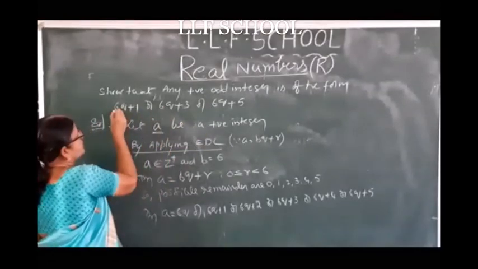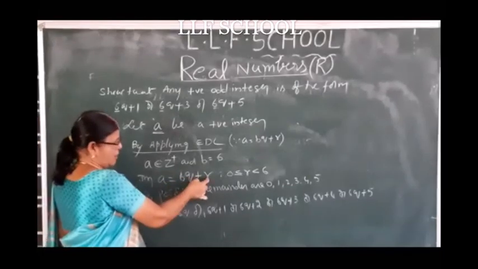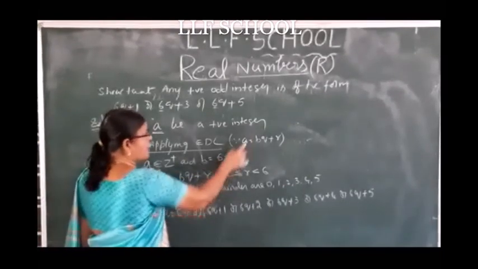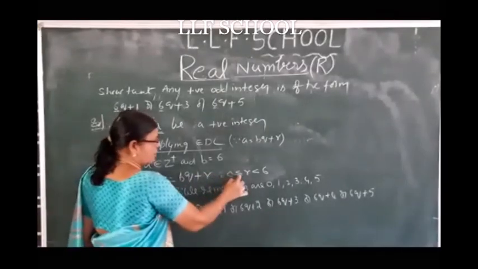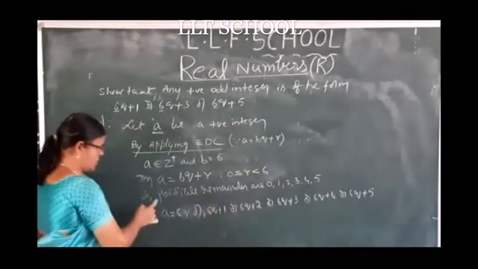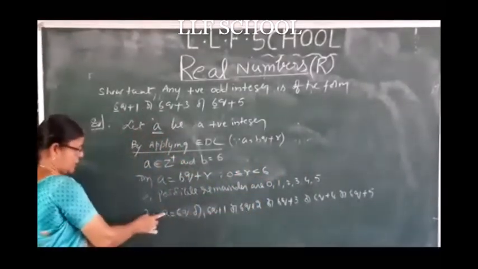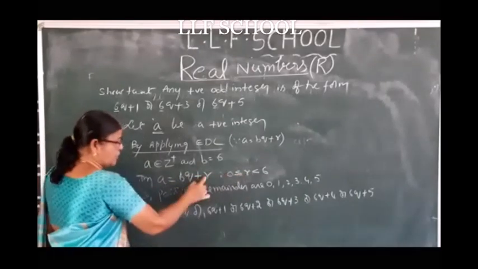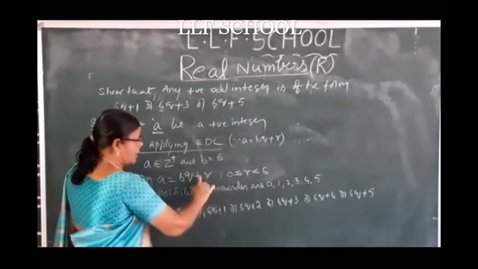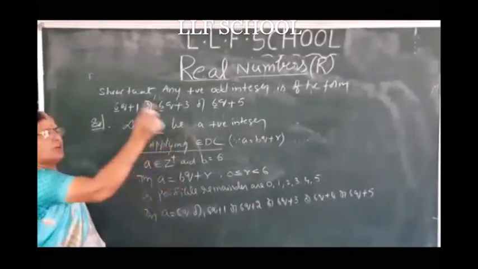Remainders you don't know, but according to EDL, the remainders are less than B, less than 6. So 0 less than or equal to R less than 6. The possible remainders are 0 to 5 only. Then A will be 6Q plus 0, 6Q plus 1, or 6Q plus 2 or 6Q plus 3 or 6Q plus 4 or 6Q plus 5.